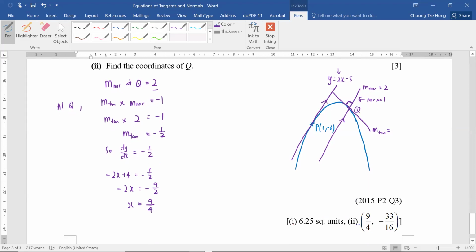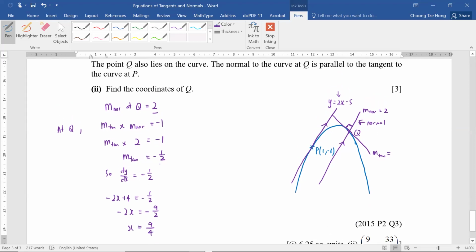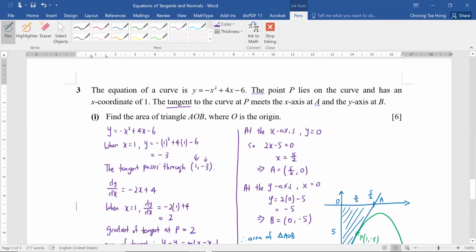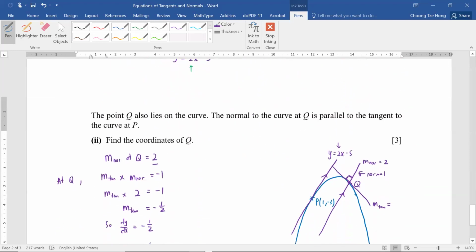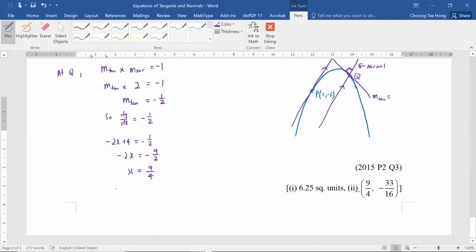Once we get the x value, we sub it back into the equation of the curve, y equals -x² plus 4x minus 6. So y will be -(9 over 4)² plus 4 times 9 over 4 minus 6.